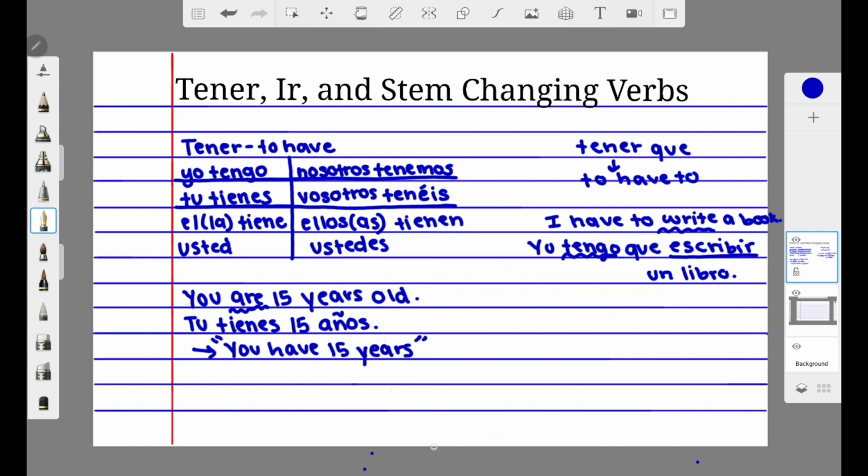And whenever you have two verbs in a sentence, you can't conjugate both of them unless it's some very specific case that we don't talk about until much later. But since we already have tener as a verb, tengo, we already conjugated it, the next verb that comes after it is going to be an infinitive. It's similar to the verb gustar. If we were saying me gusta escribir, we wouldn't say me gusta escribo. We would leave it in the infinitive form.